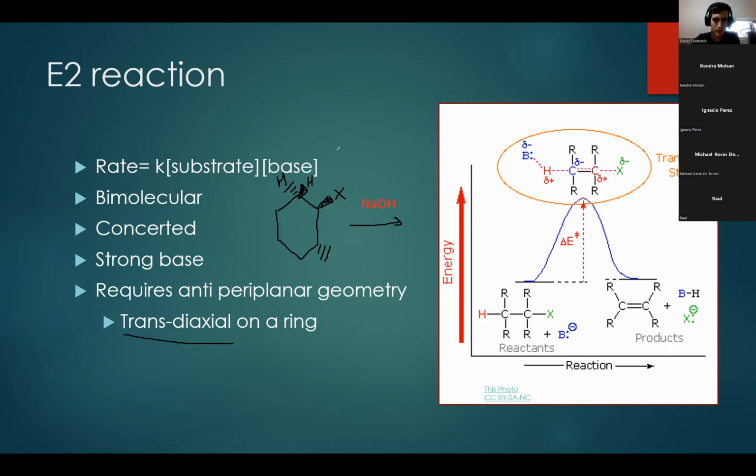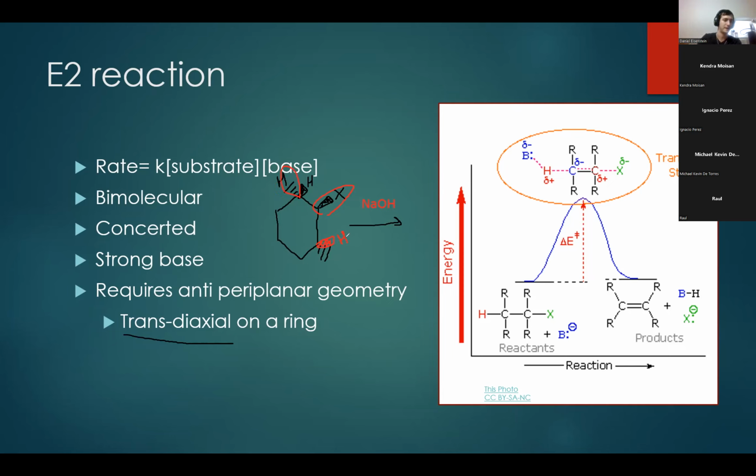Do you see how this and this are trans to each other? Awesome. If I wanted to go down with my double bond, I couldn't because my hydrogen is actually out in front, right? And so that hydrogen in red and my halogen are cis, so they cannot react.